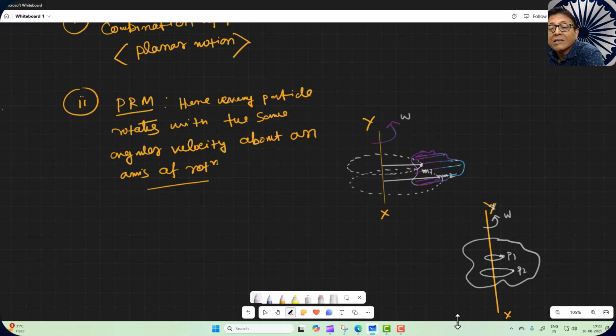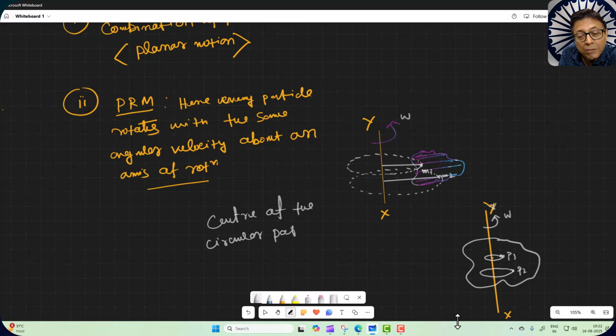And another very interesting thing to note: whichever rigid body you take, no problem, the center of their circular path will lie on the axis of rotation.